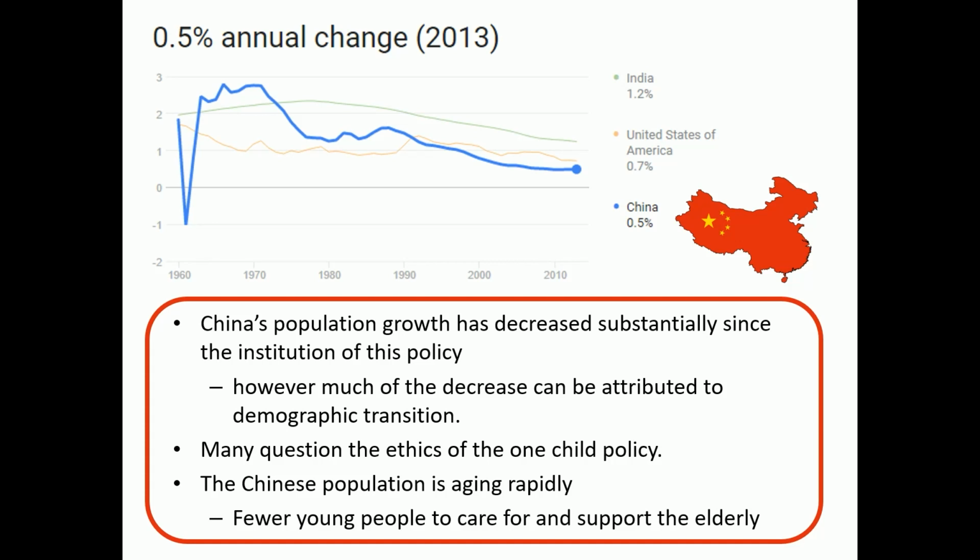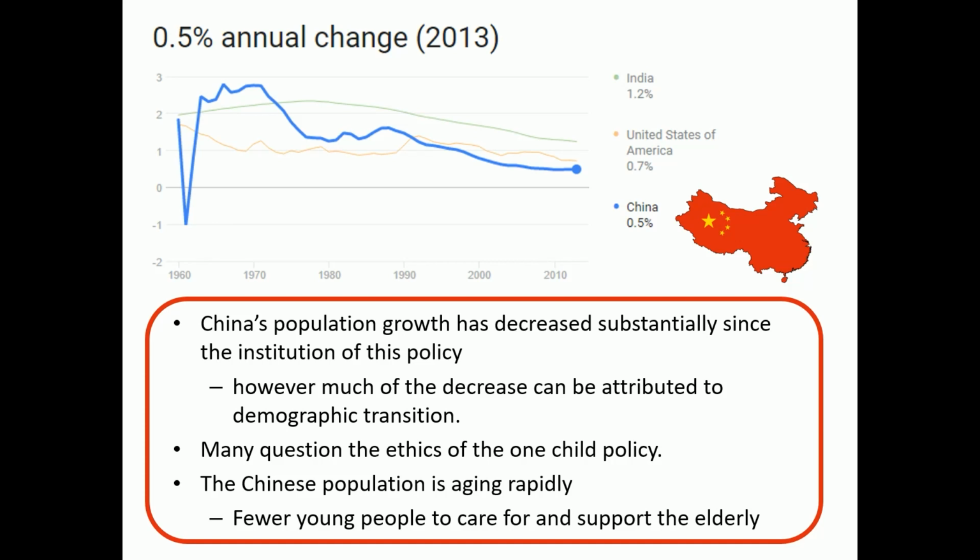The population growth rate, however, has definitively slowed down, and the slowing has avoided mass starvation. However, some observers have pointed out that China also went through rapid industrialization and economic development over the same period of time, and it's possible that the population growth rate would have slowed down about the same amount simply by virtue of those economic factors without the one-child policy in place.